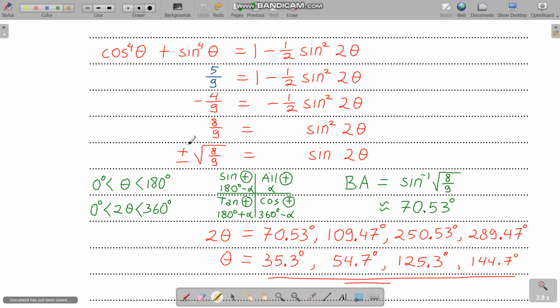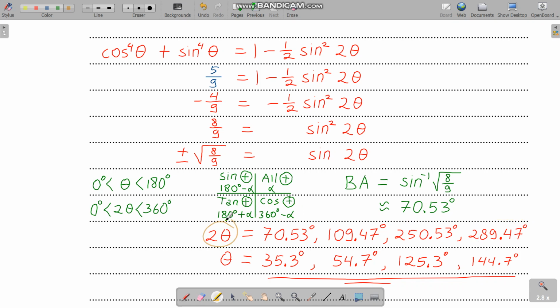Since it's plus minus, we can use the plus and the minus for sine. So for the plus, it's just the base angle and the quadrant 2 angle, so we get this from 180 minus, and for the third quadrant 180 plus, and for the fourth quadrant 360 minus base angle.